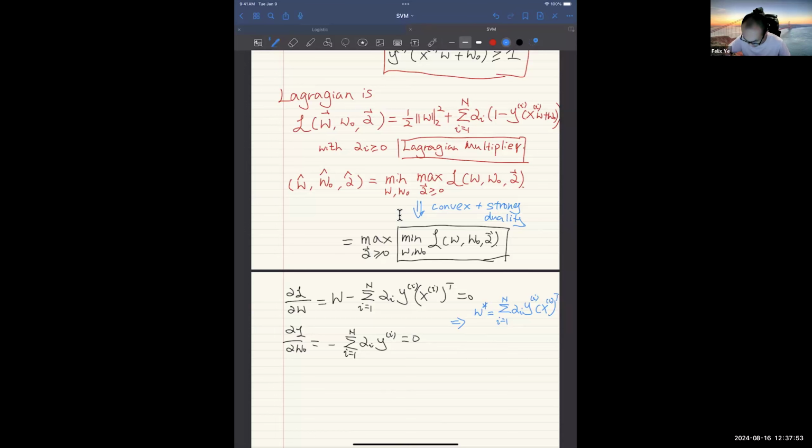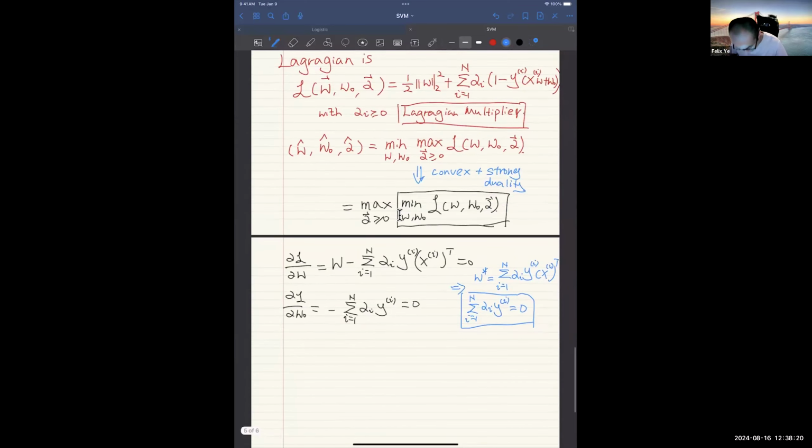And the summation of alpha i yi equals 0. So this is a constraint here. And we can plug in and find the expression for W hat. All right, so we solve the inner optimization.